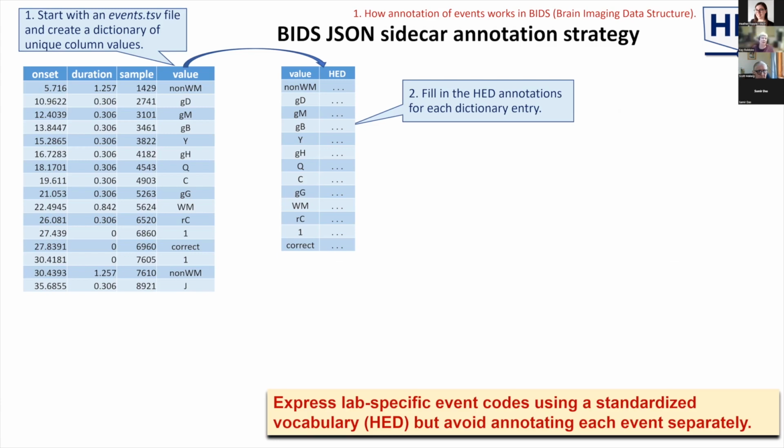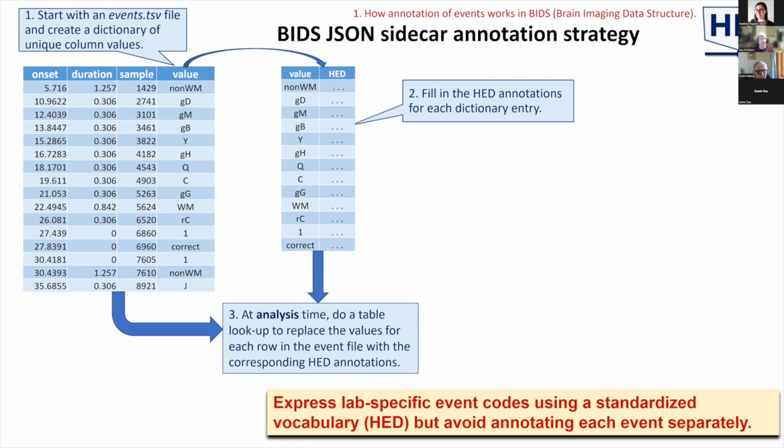So if you like doing a table, which I prefer to do, you can convert it directly to a JSON sidecar. So at this point, you're done with your annotation once you fill in that file. Then at analysis time, there are tools available which will take the events file and the JSON sidecars.